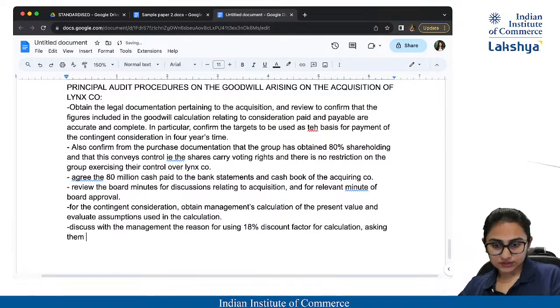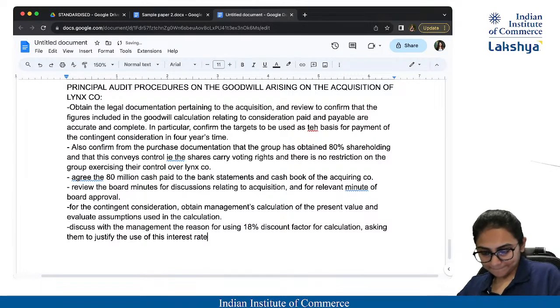Asking them to justify the use of this interest rate. What else can you say?